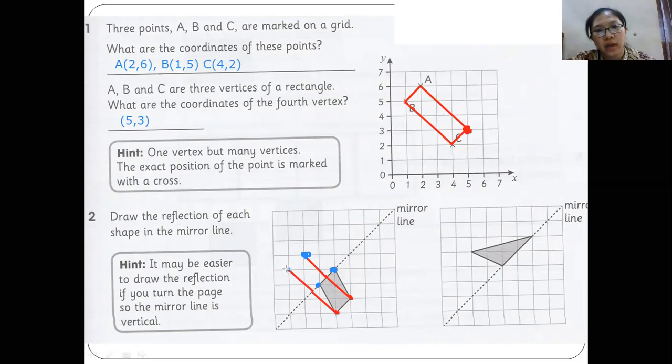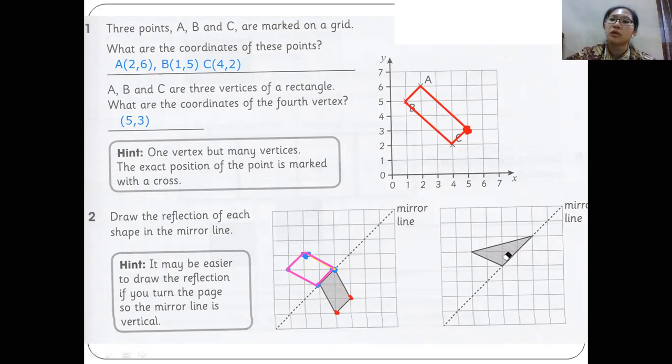So the reflected object can be drawn here. Okay. So this is the reflected object. All right. So this is how it looks when it is reflected on this mirror line.